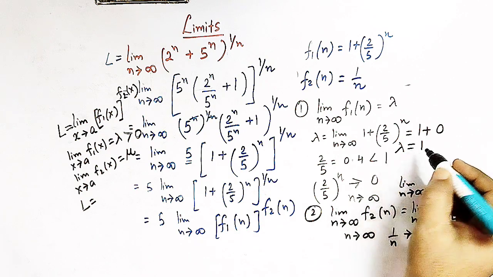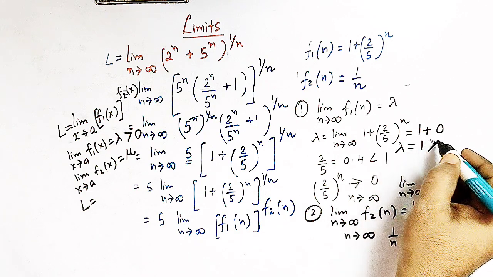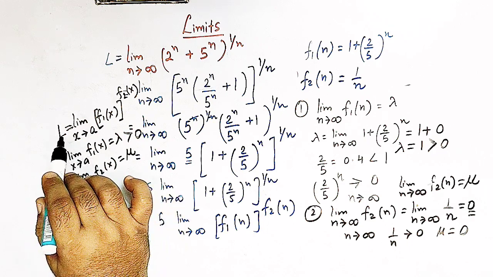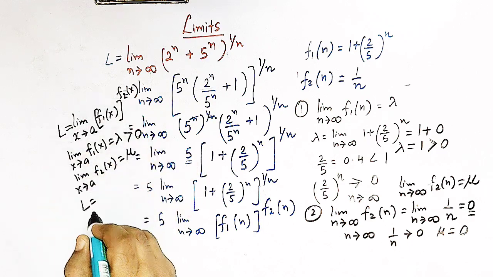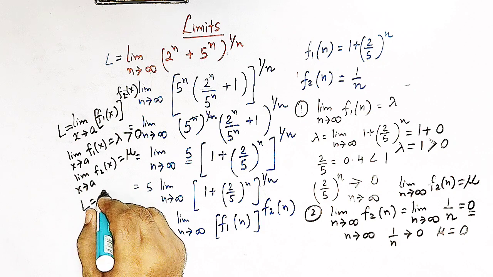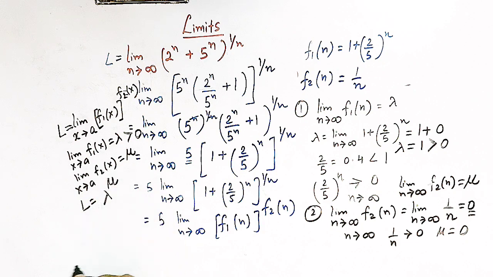So in this case we have lambda equal to 1, and this is greater than 0. So the value of this limit L can be directly written as lambda raised to mu, right?